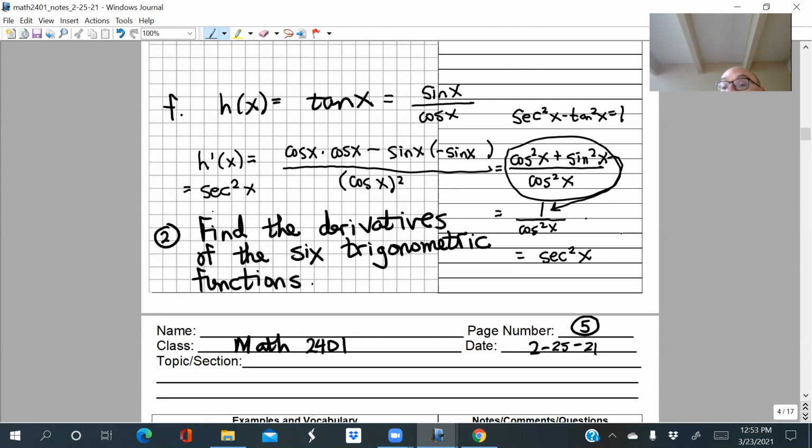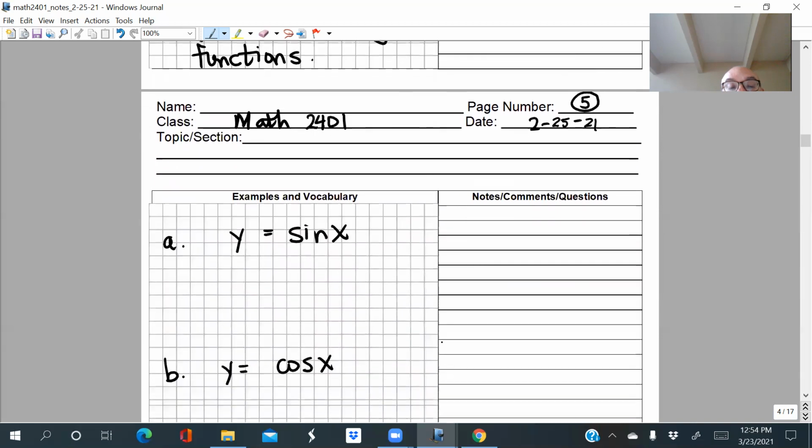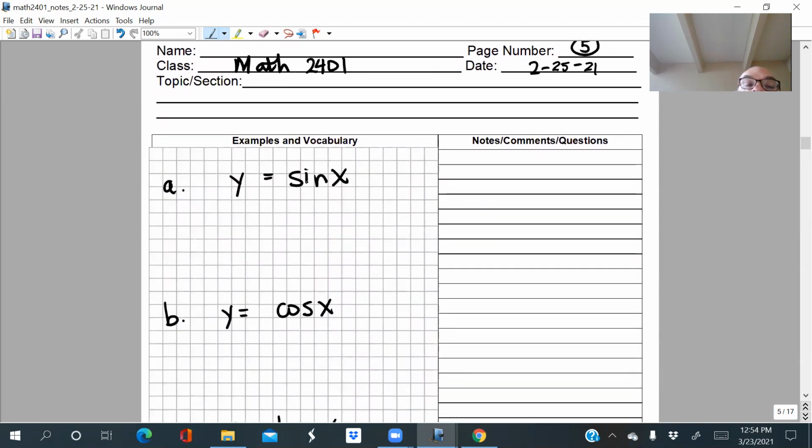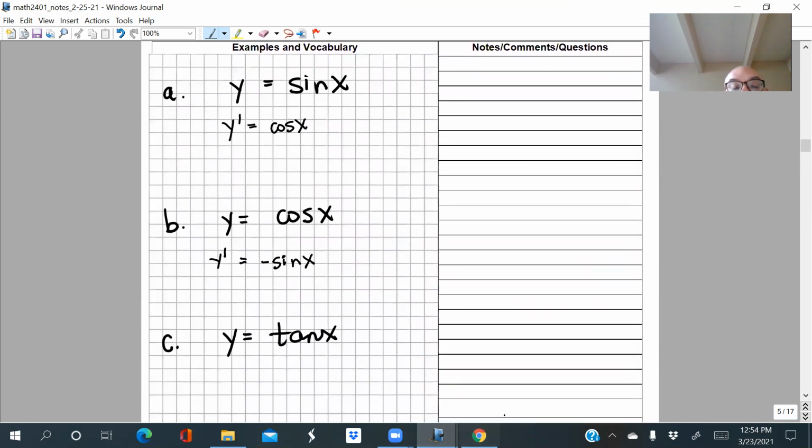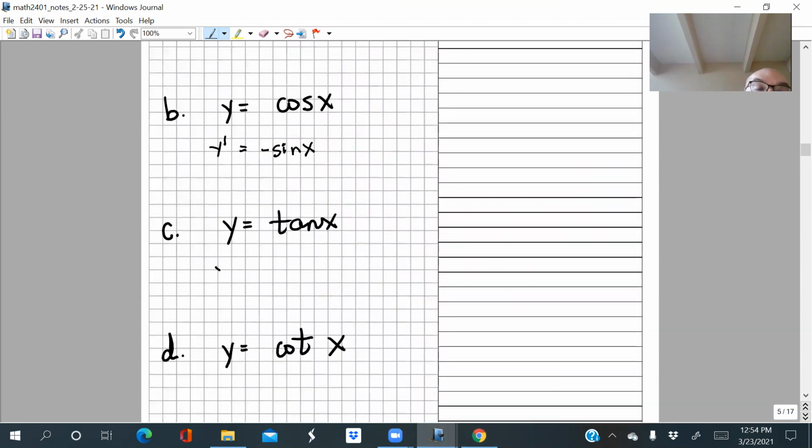Okay, let's write down the other trig derivatives as well. We know now that for sine of x, the derivative is cosine, and for cosine, the derivative is minus the sine. And we just proved that the derivative of the tangent is secant squared of x.